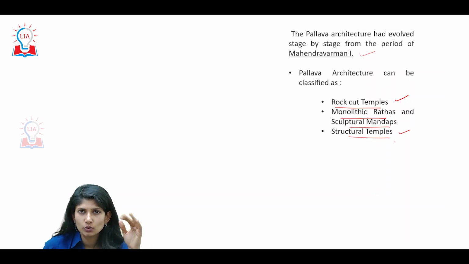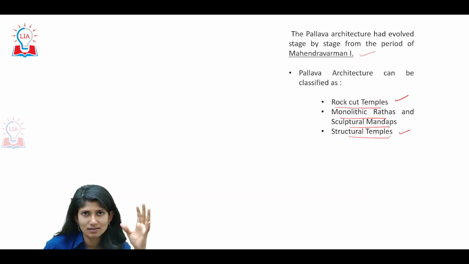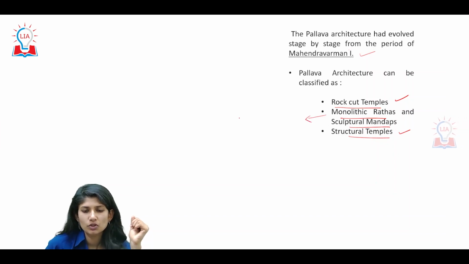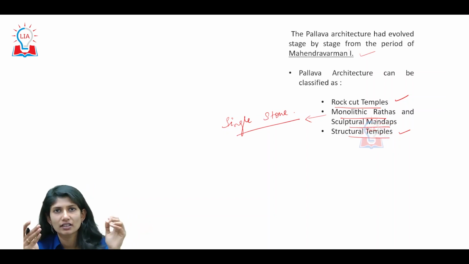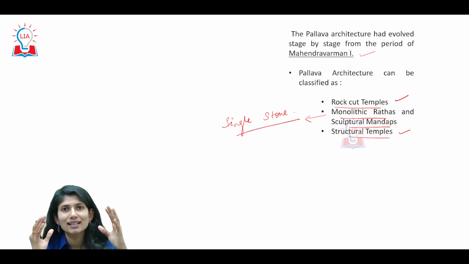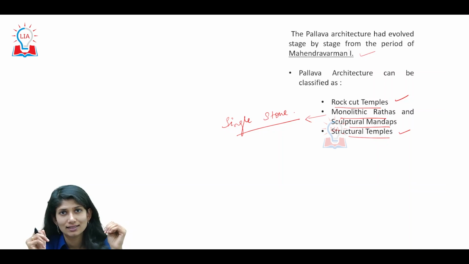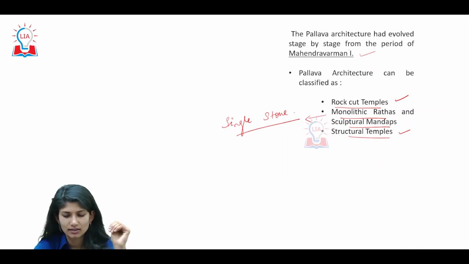Rock cut temples and structural temples were coming on the rise. Monolithic rathas or sculptural mandapas means carved from a single stone. Usually ratha means chariot, and monolithic is single stone, thus the name monolithic rathas.